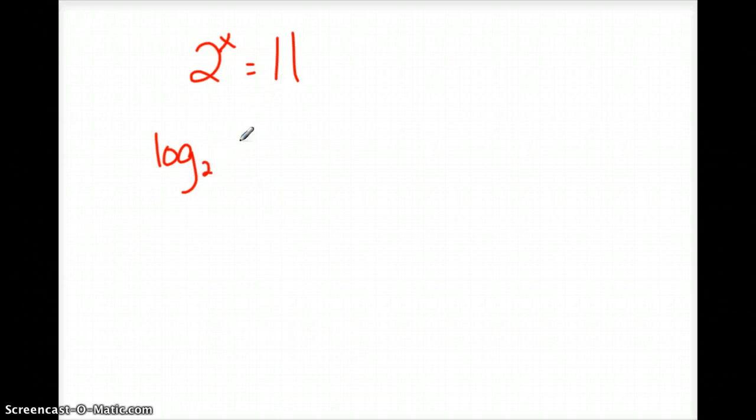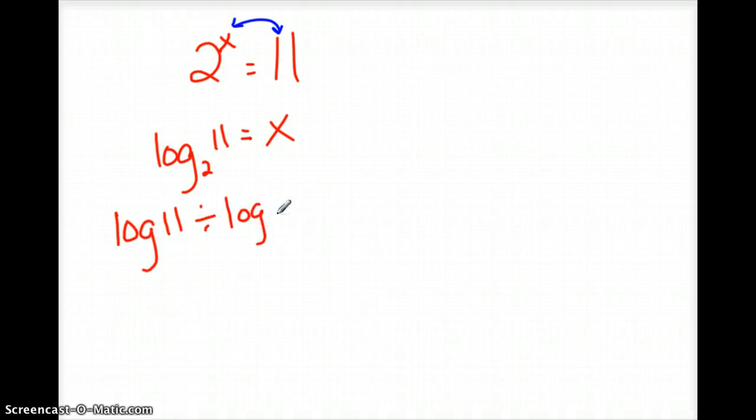We took a base of 2, followed by 11, and we set that equal to x. So all we did, the x and the 11 switched places, and we just threw the word log in front. But then we also talked about how to get that value in your calculator as a decimal. Take the log of 11 divided by the log of 2, and whatever you get, that'll be your x value, okay?